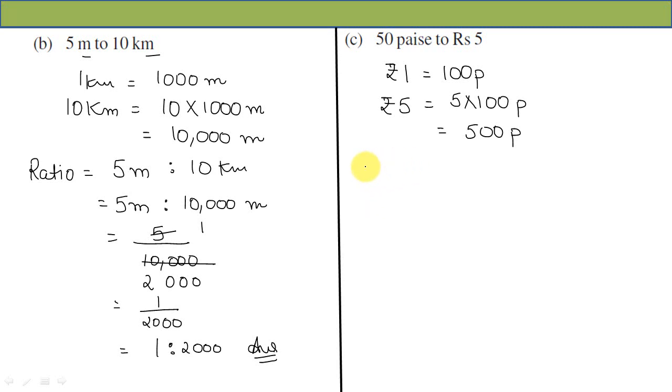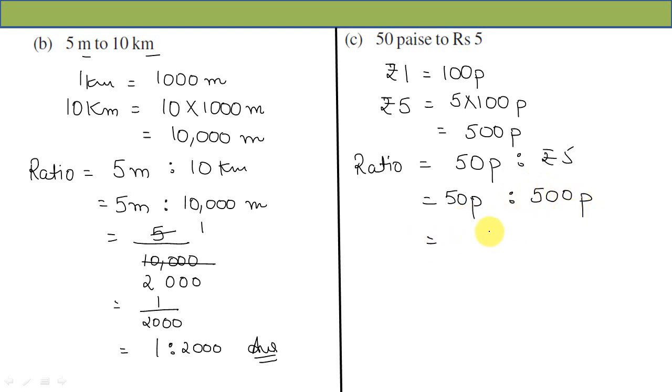Now we need to find out the ratio of 50 paisa to 5 rupees. In place of this 5 rupees, I can write down 500 paisa. So this will be 500 paisa. Now the units are same. So we can write this in the fraction form, 50 upon 500.